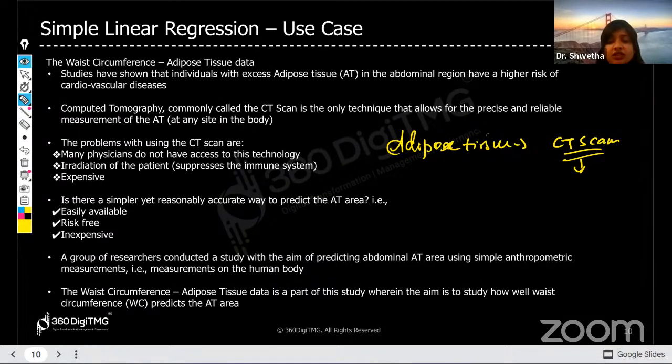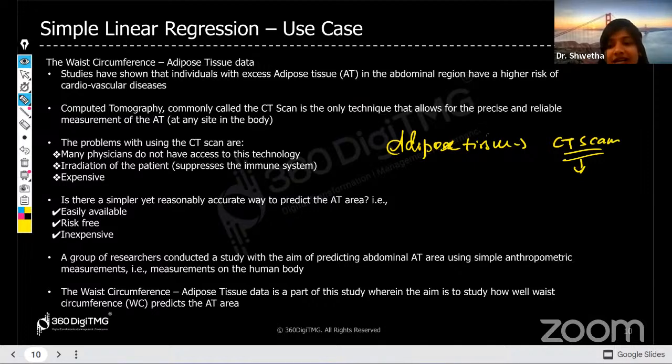Another thing is, if you expose patients to CT scans every now and then, it is not good for their immune system. Okay? Because the CT scan contains radiation which will suppress the immune system. That was also a problem which our patients were facing. Then CT scans are also expensive. Okay, these were the issues which our physicians were facing.